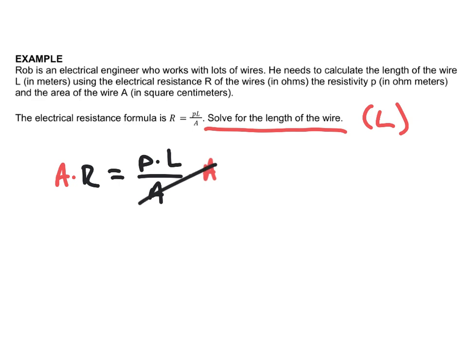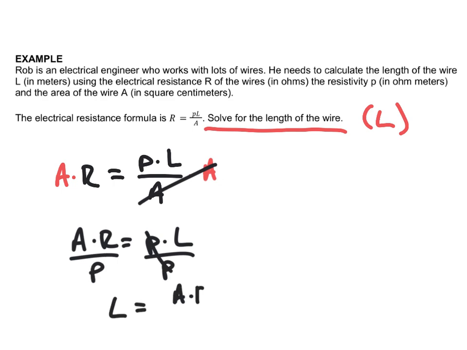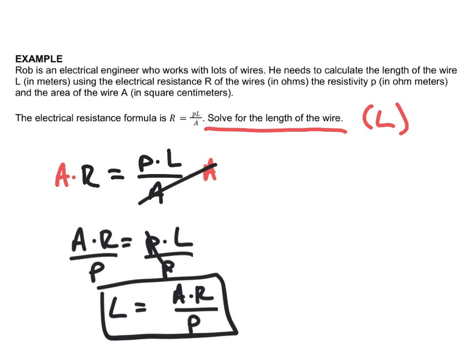Then I'm left with P times L is equal to A times R. Then I'm going to divide by P, and we get that L is equal to A times R all over P. And that's it. This is one where we are just rearranging this formula and solving that formula for L.